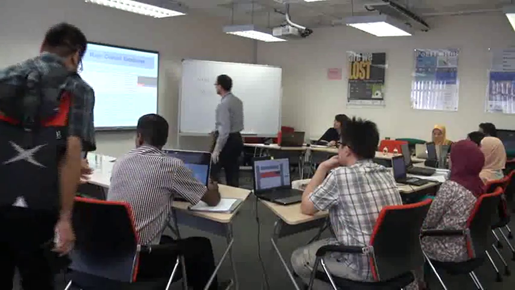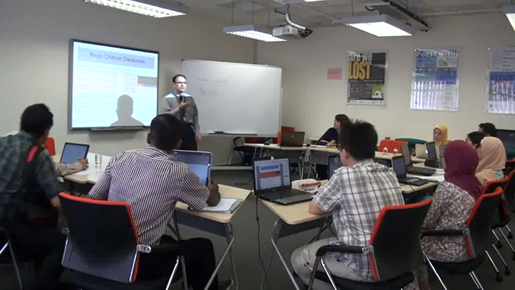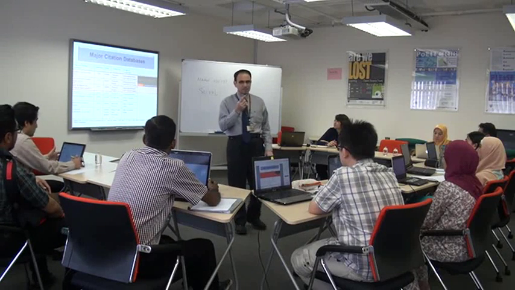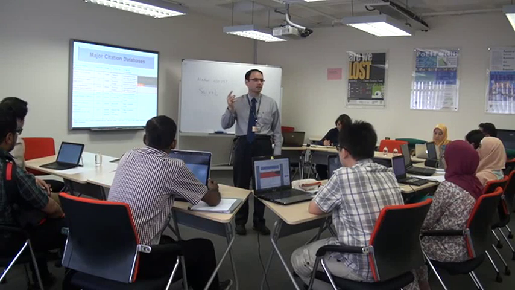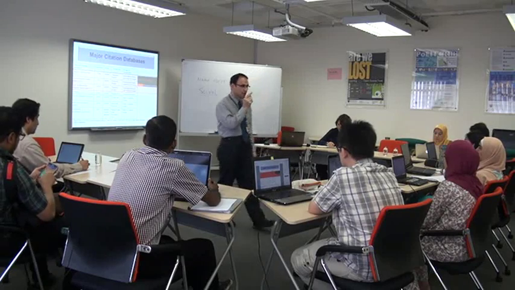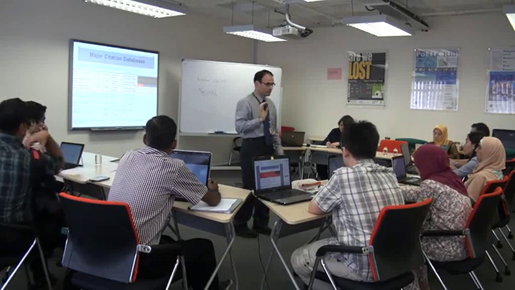For instance, we have another database under Web of Science. What is this database name? ESCI, Emerging Sources Citation Index. If you publish in ESCI, the university won't consider it ISI data.